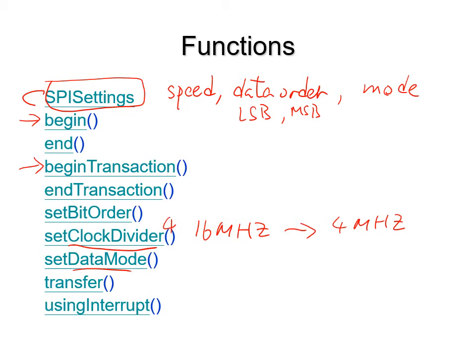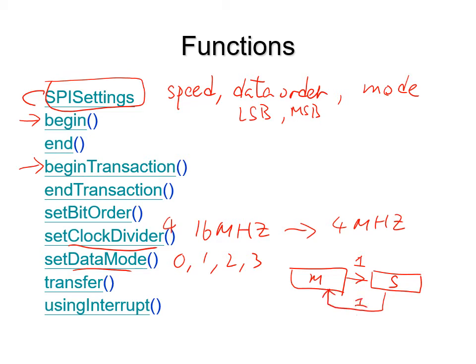You can set your data mode from 0, 1, 2, 3, and you have the transfer function, which performs a simultaneous send and receive. Now remember, for SPI transmission, at the same time, the master will send a bit to a slave, and the slave will send its bit to the master.